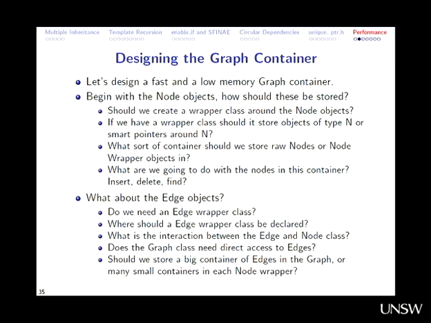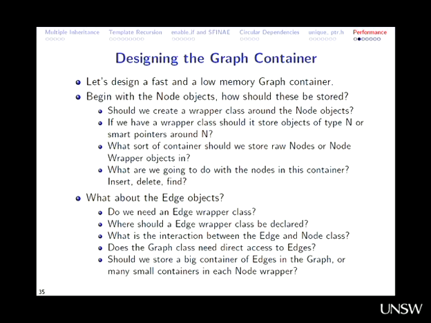Okay. How many people created in their graph, say, a collection of nodes, and inside each node, a small vector or something of the edges that it was connected to? Okay? What's the performance difference between those two different designs? Think about this. The number of edges a singular node has is going to be much smaller than, or at least equal to, the number of edges in the entire graph.